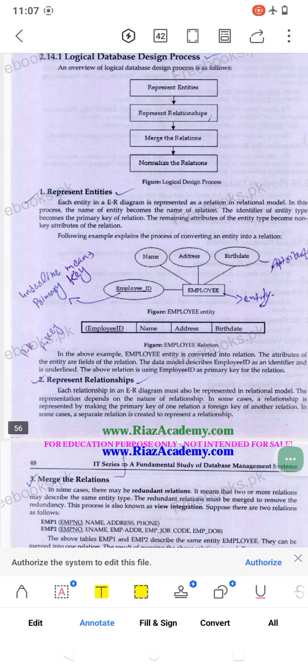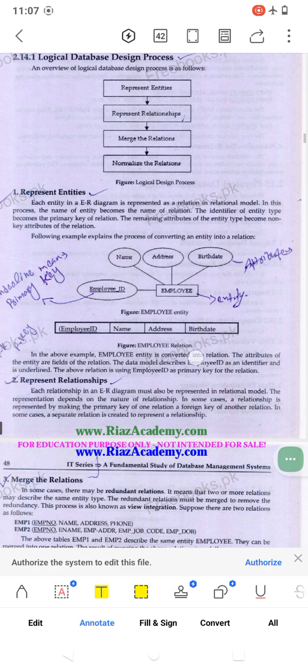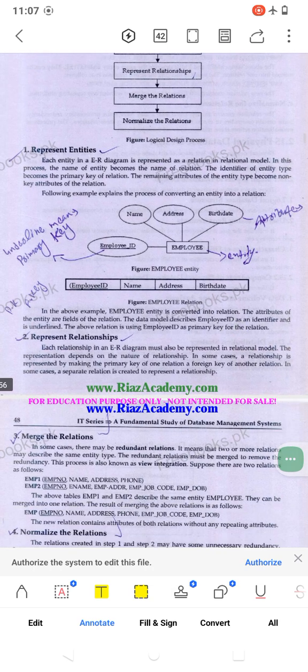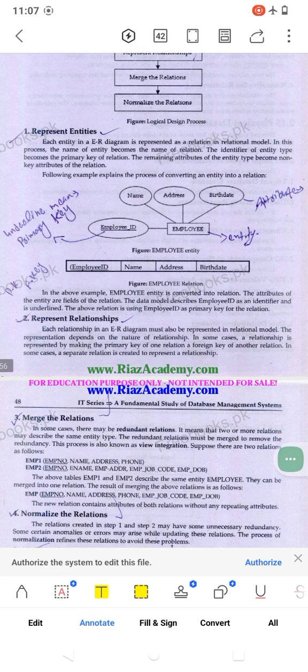So we are discussing these topics in the relational model. Here we have an example to represent the entities. When we are defining the entities of any system, it means we are representing the entities, and each entity name is called a relation in the ER model or relational model.